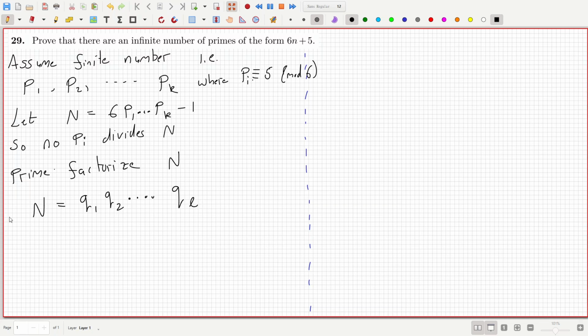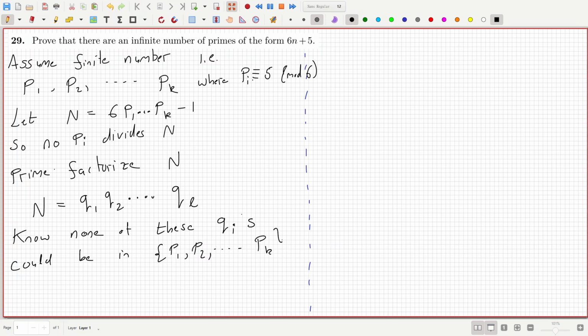So we know that none of these qi's could be one of these p's, because we just said no pi divides n. So that's fine.